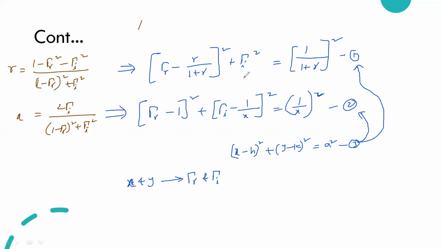So this is equal to a circle. So in the Smith chart, our resistance patterns will be in the form of circles.